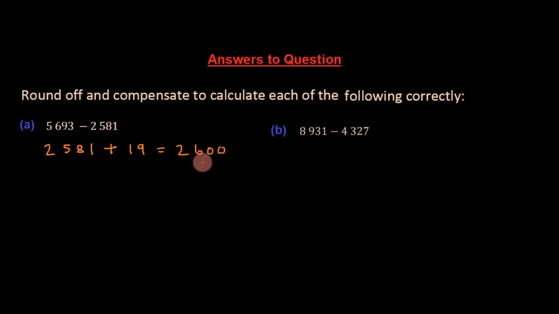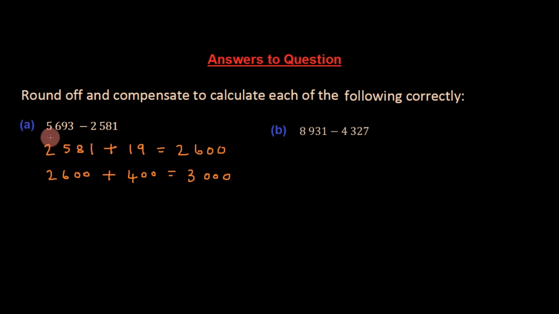Now we round it to the nearest 1,000, so 2,600 plus 400 will give us 3,000. So we added a total of 19 plus 400, in other words 419 to 2,581.